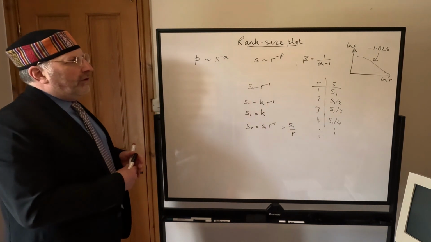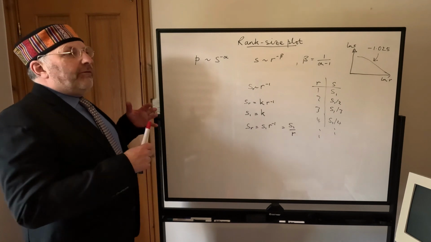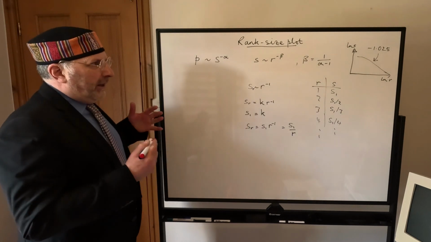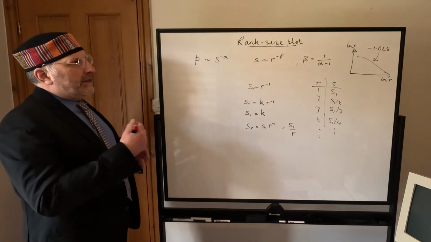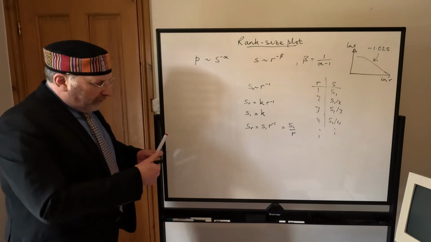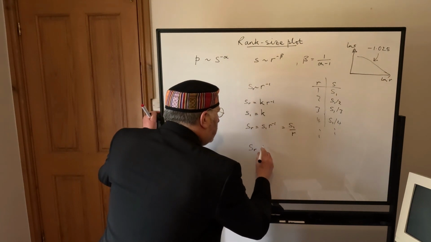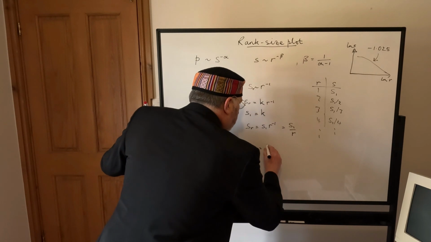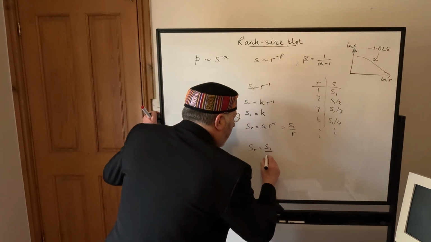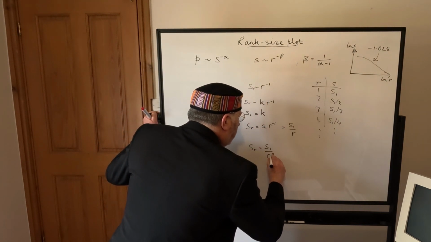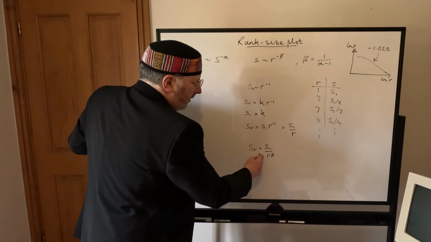But Zipf was also interested in the way that these coefficients, or exponents, sometimes deviated from the exact value of 1, and we'll consider his ideas about that in a moment. If we had such a generalized relationship, where F was proportional to R to the minus beta, then S_R could be written as S1 over R to the beta, because we will still find that the constant is S1.